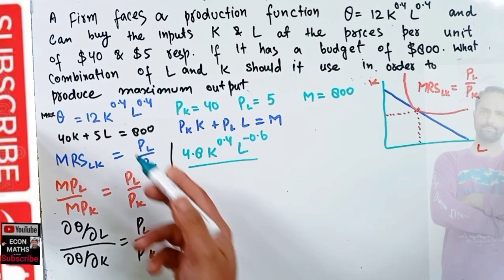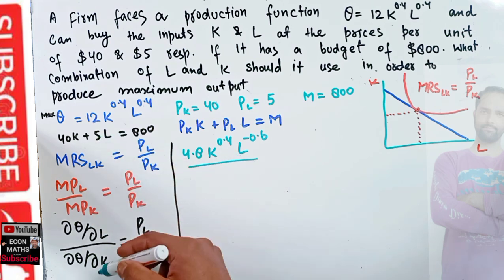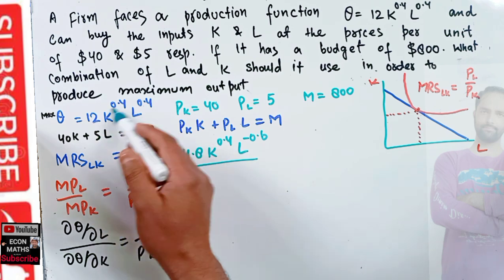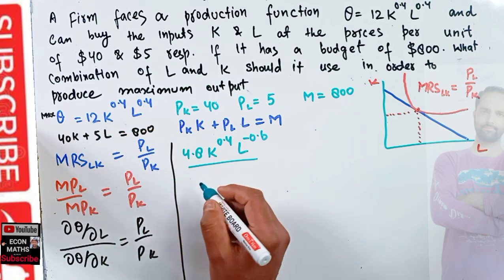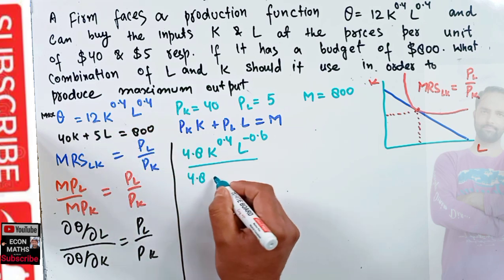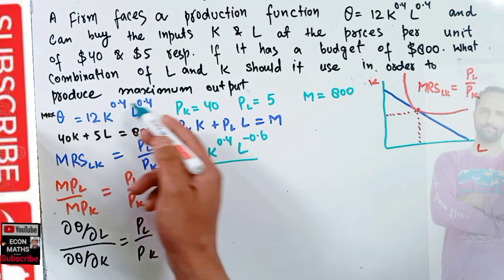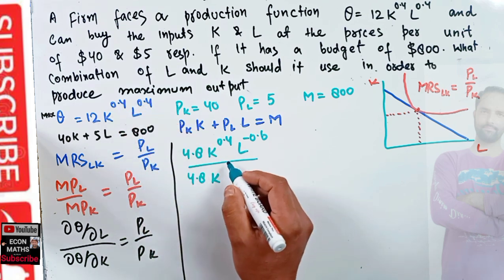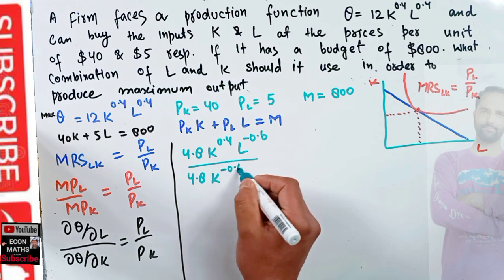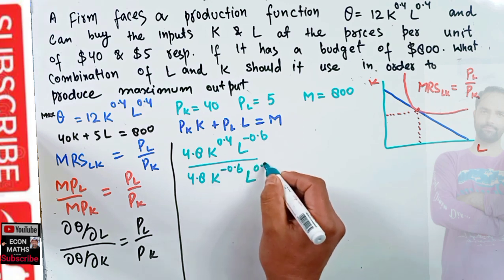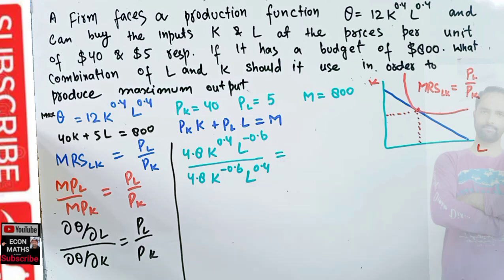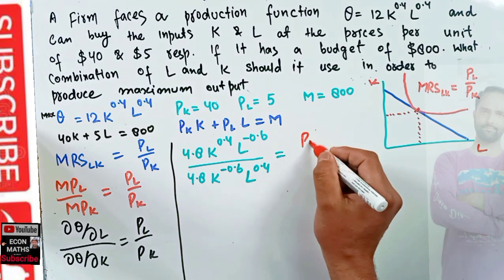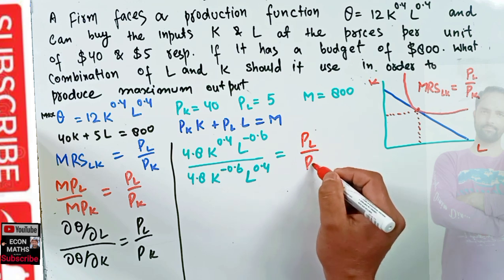Divided by, symmetrically taking the derivative with respect to K, this time 0.4 becomes the coefficient, so 12 into 0.4 again 4.8, K to the power 0.4 minus 1, so it becomes minus 0.6. L to the power 0.4 remains the same because we are taking partials. It should be equal to the ratio of the input prices.